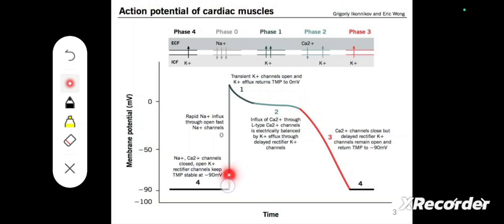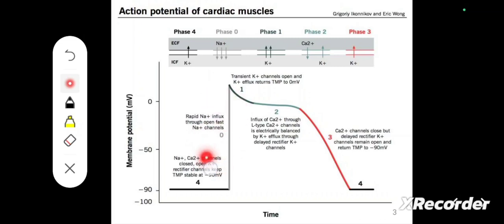At that point, fast sodium channels open and create a rapid sodium influx and a sharp rise in voltage. This depolarizing phase, or phase 0, is the spike of the action potential. Phase 0 occurs due to the fast opening of sodium channels and influx of sodium ions.